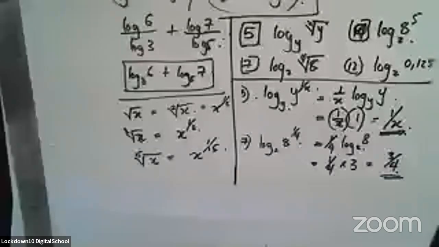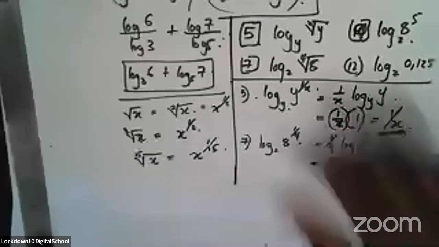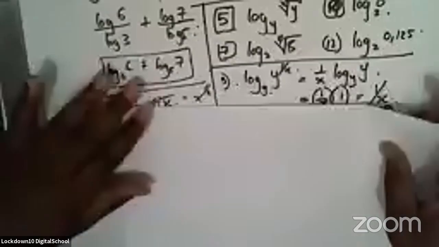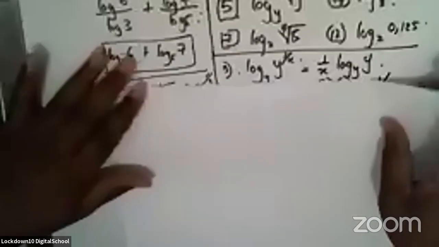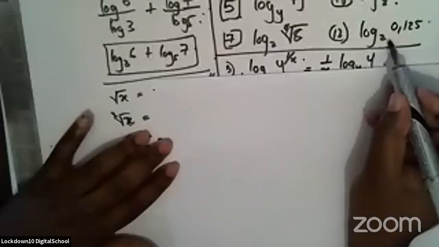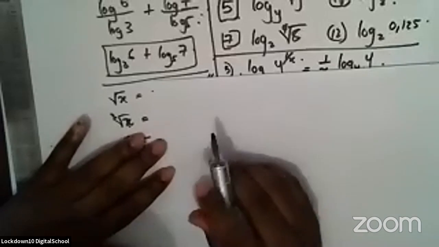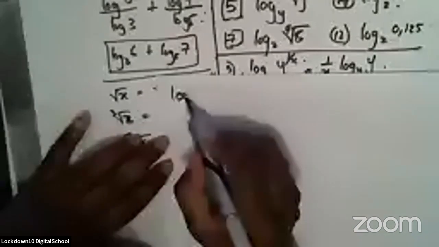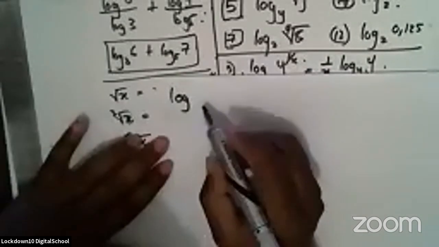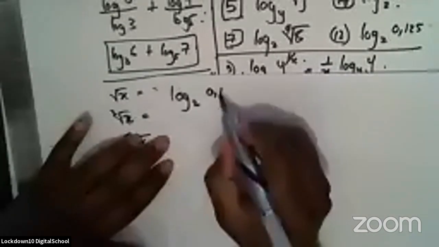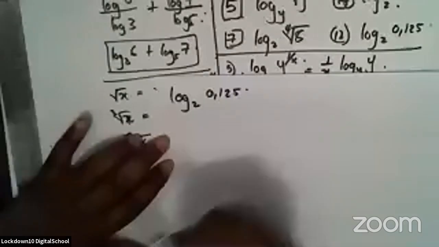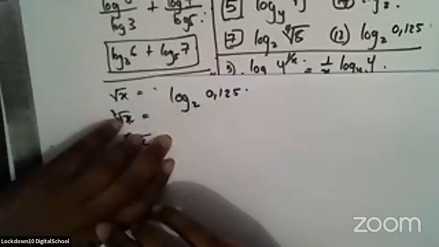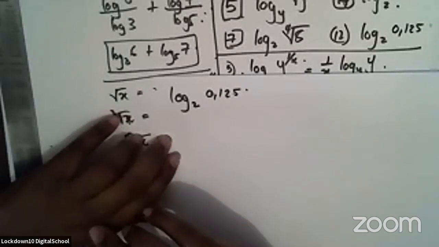So we're going to quickly do number 12 before our time is over. Number 12 says log to base 2 of 0.125.